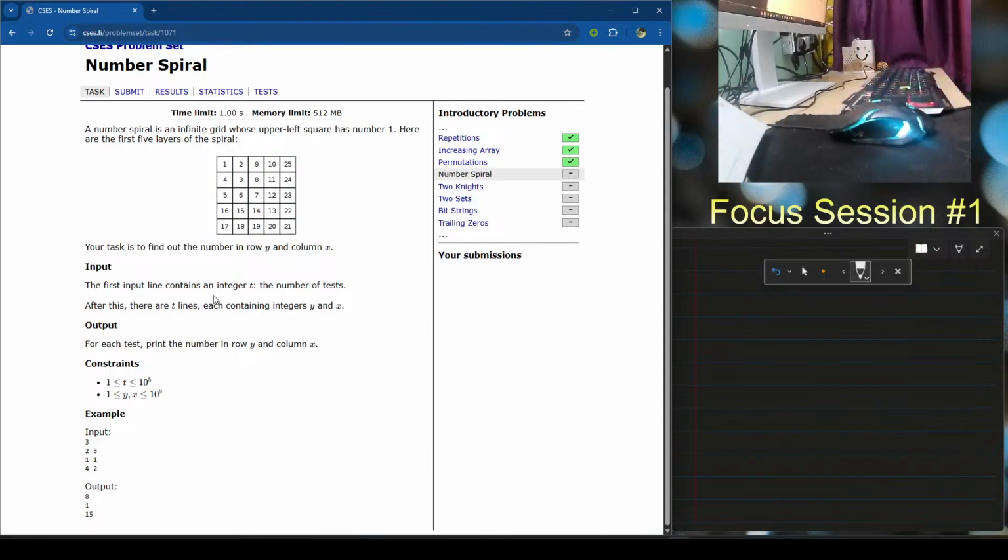First of all, let's think a bit on this because I have not solved this type of CSES problem before. So let's just see how I can solve this one.